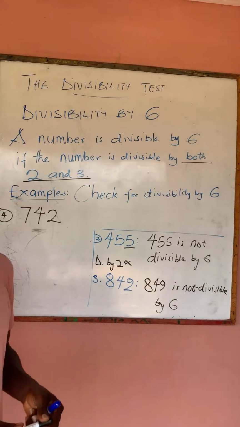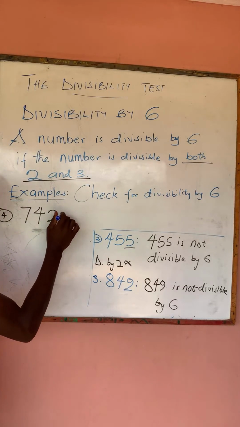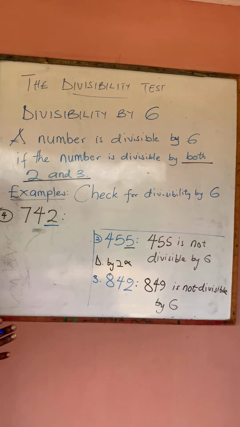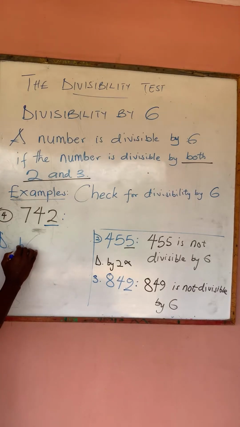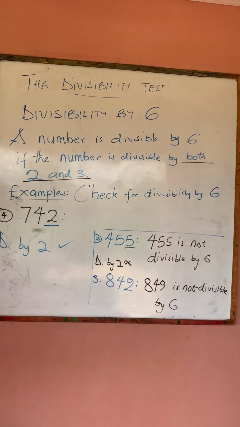We'll check divisibility by 2 first. I can see that the last digit ends with 2, which is an even number. So divisibility by 2 has been checked. The condition is met for divisibility by 2.